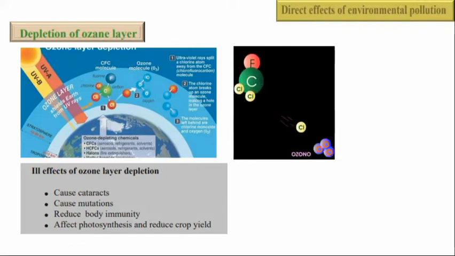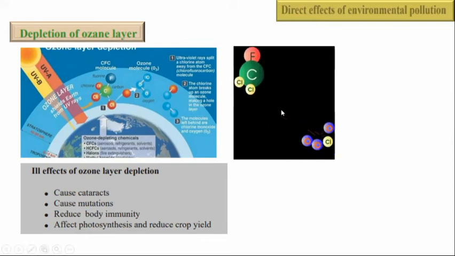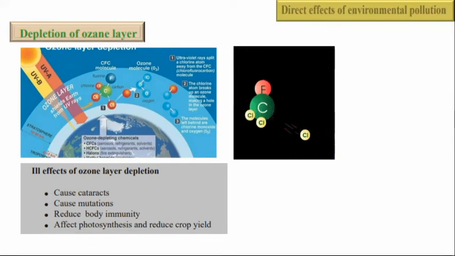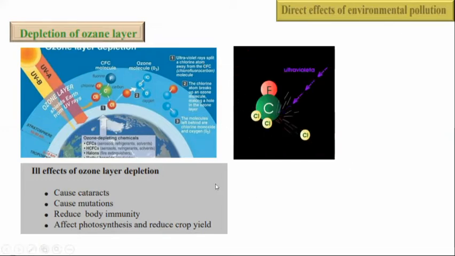So the atomic chlorine reacts with O3 and breaks down the ozone molecule. That is what you can see here, right? So this atomic chlorine reacts with O3, and nitric oxide also reacts with ozone to destroy it. Not only chlorine, even the nitric oxide affects this.